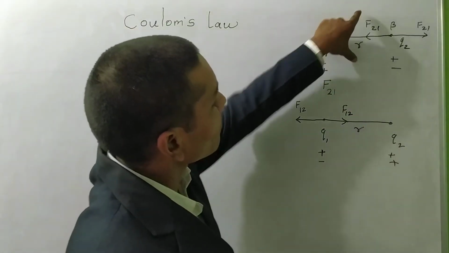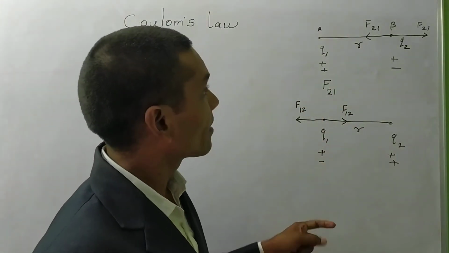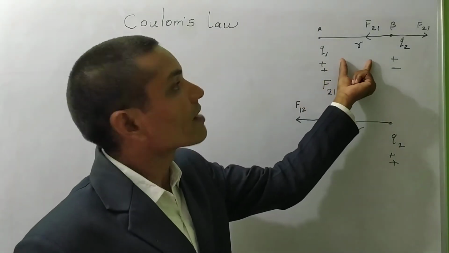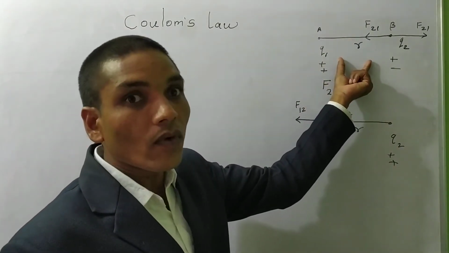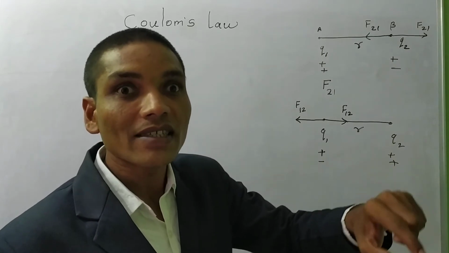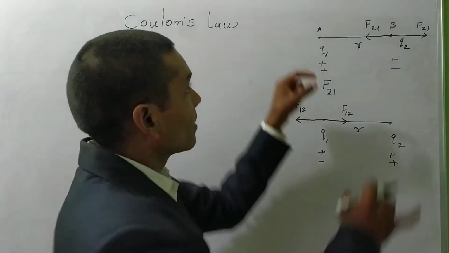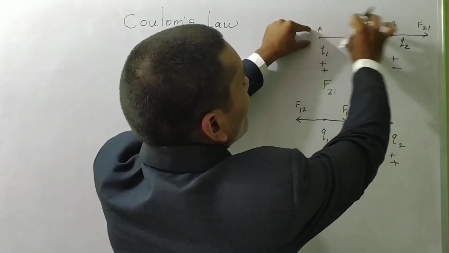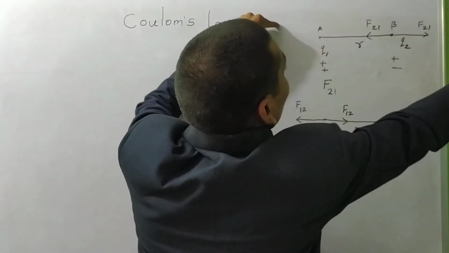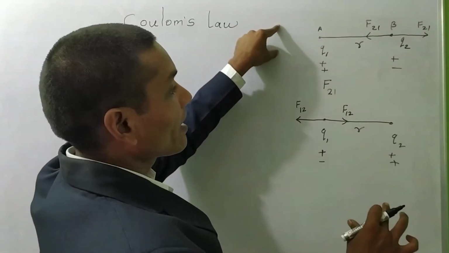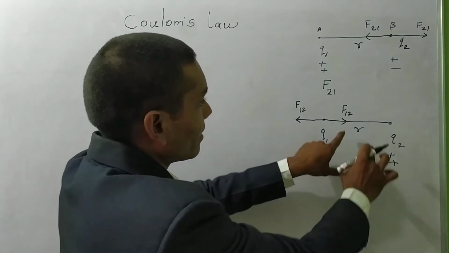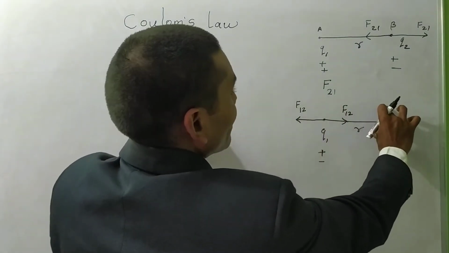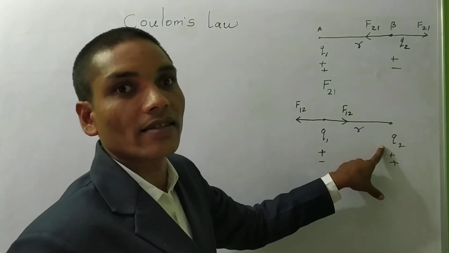We can see in both cases that in the case of like charges, the electrostatic force is a repulsive force. Repulsive force means the direction of the force is away from the point charge.